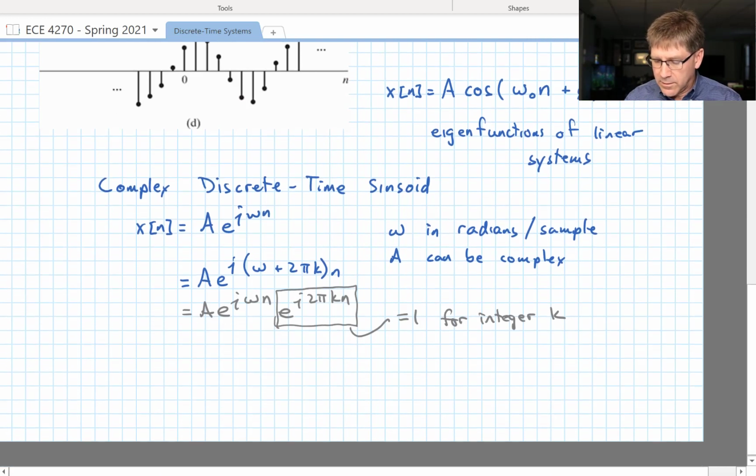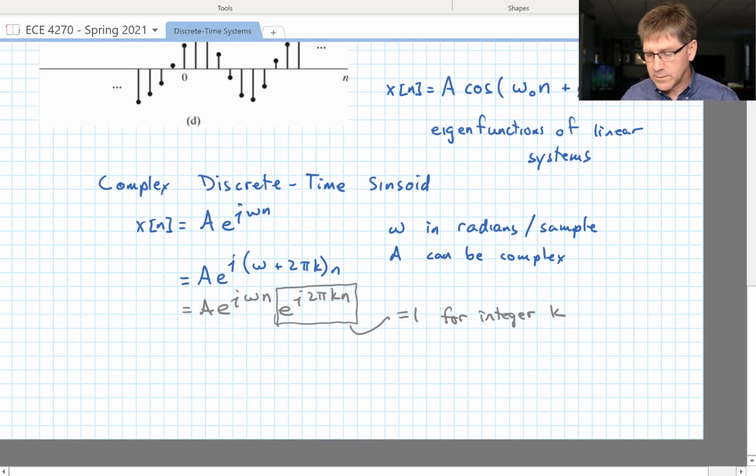Also, for reasons somewhat lost in time and history, n and k tend to be variables that we use for integer values. So when you see a k, at least in this course, it's going to be an integer. Why is that equal to 1? Well, we can take a look here. It's because of Euler's identity.